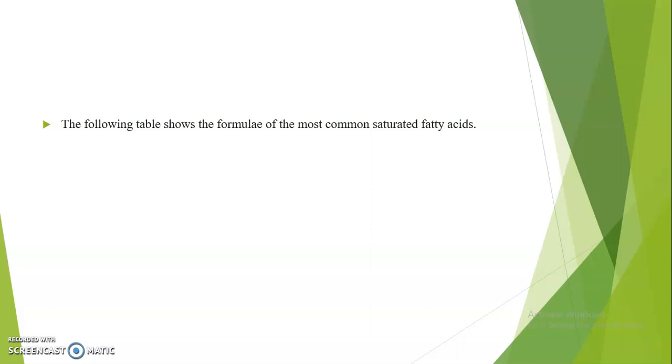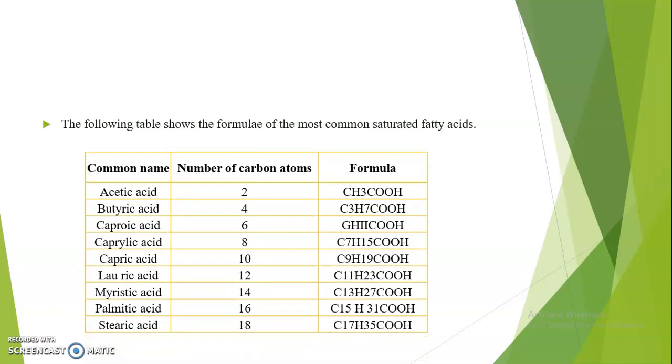Now the following table shows the formulae of the most common saturated fatty acids. For example, acetic acid, which has 2 carbon atoms, has the molecular formula CH3COOH. Then butyric acid, with 4 carbon atoms, has the formula C3H7COOH.